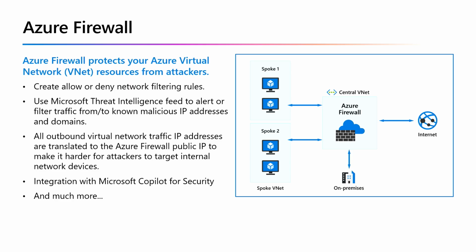Azure Firewall uses IP addresses, ports, and protocols for filtering and has built-in threat intelligence detection that can automatically block malicious IP addresses. In addition, Azure Firewall has the ability to do outbound SNAT and also inbound DNAT to communicate with internet resources.